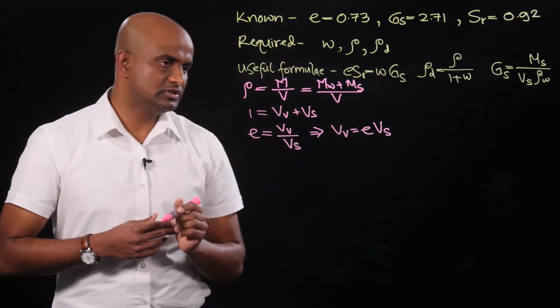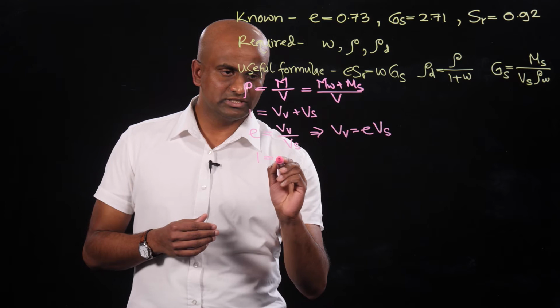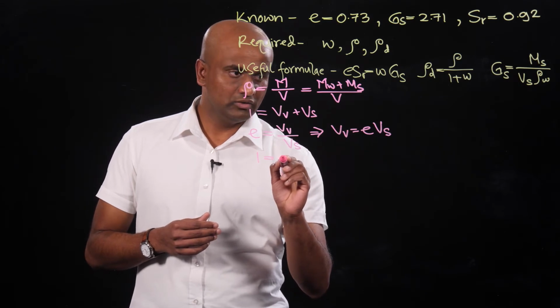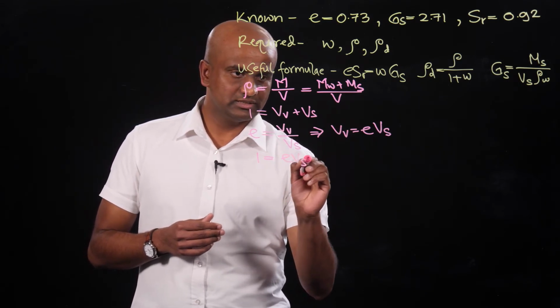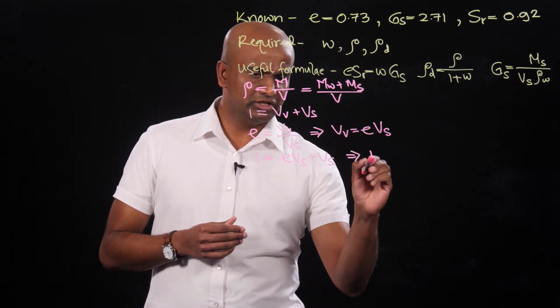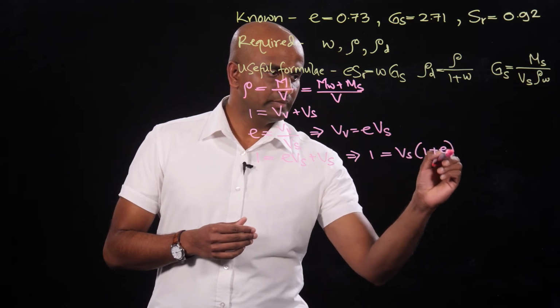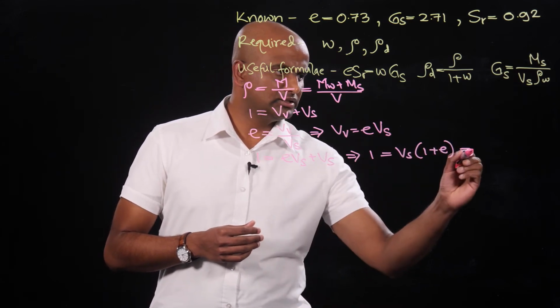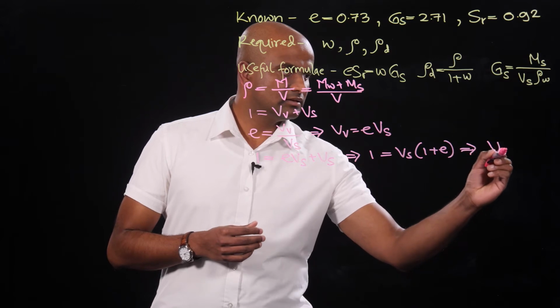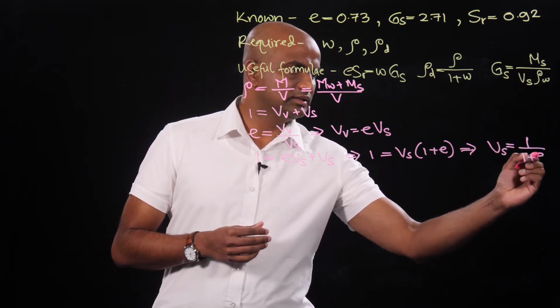Now you can substitute that in the previous equation, which will be 1 equals e V_s plus V_s. So that gives 1 equals V_s times (1 plus e). From that you can determine V_s, which is 1 divided by 1 plus e.